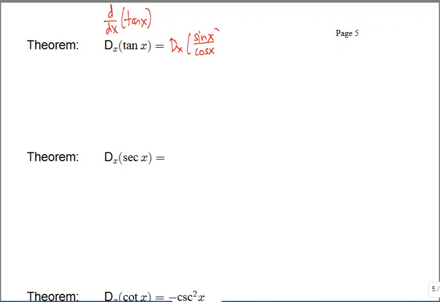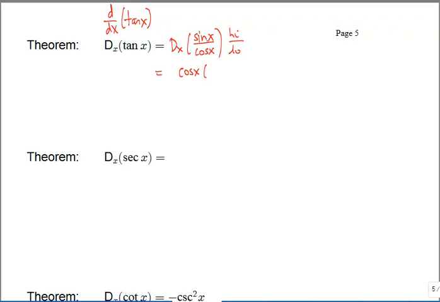It's a quotient of two functions that we already know a little bit about. So we're going to apply the quotient rule to this new expression. So this is my high and this is my low. So the derivative according to the quotient rule should be low d high minus high d low over low low. So low would be cosine.